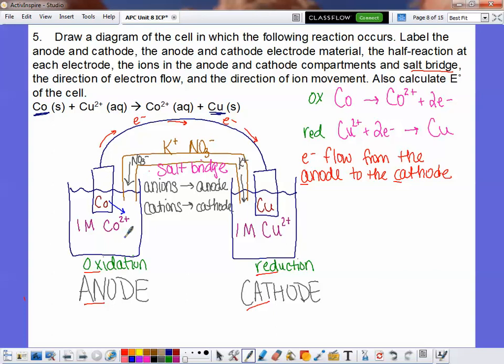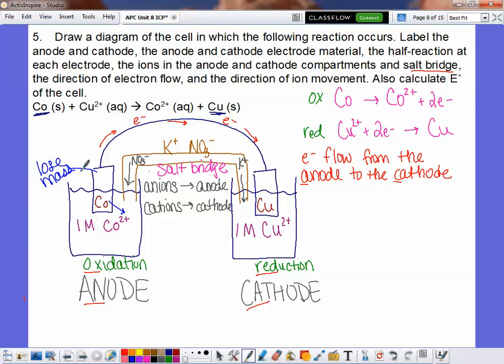So what's going to happen to the mass of that piece of cobalt over time? It is going to decrease because those atoms are being converted into the ions. So that's going to lose mass.